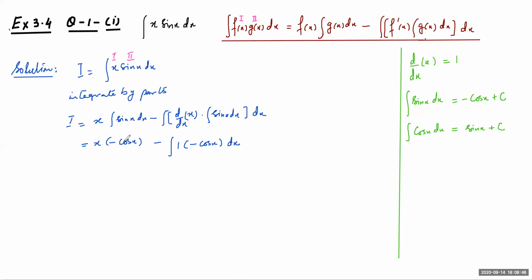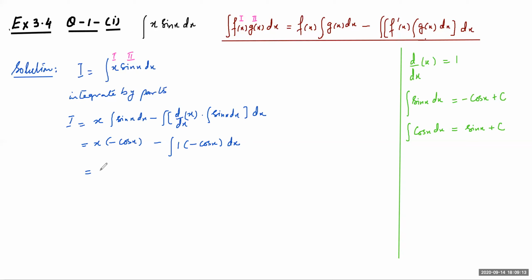You must note that I have not introduced constants of integration, because when we perform integration by parts, we introduce the constant only in the last performed integration. So these were not the last performed integrations. We have to do this integration further now. So we will introduce the constant of integration only when we do the last integration.